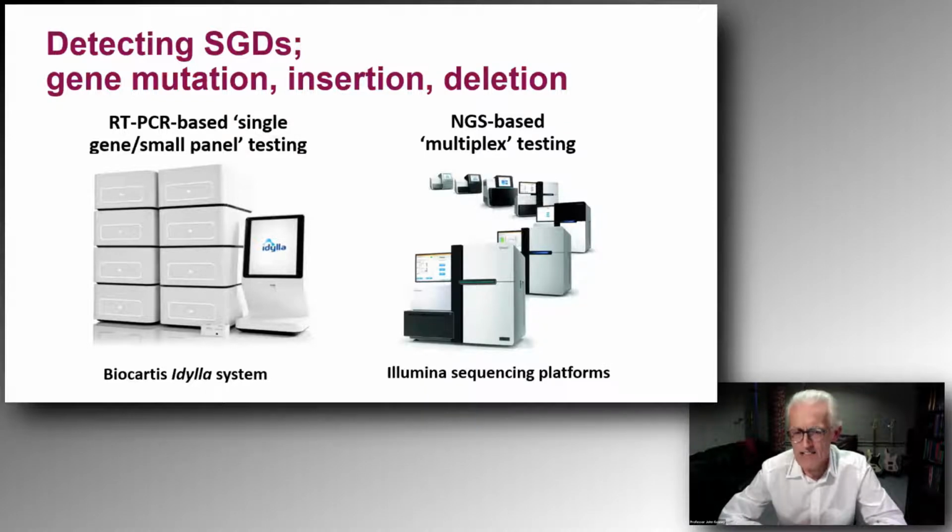You have to know exactly what you're looking for, and you have very little flexibility, and you can't use these on a grand scale. For that, really, you need NGS-based multiplex testing, and the picture on the right there shows Illumina sequencing platforms, and others, of course, are available. And these are a whole magnitude of complexity greater than the single gene testing platforms. And they have the advantage, of course, of being able to look for numerous genetic abnormalities at the same time with great efficiency, flexibility, and indeed accuracy.